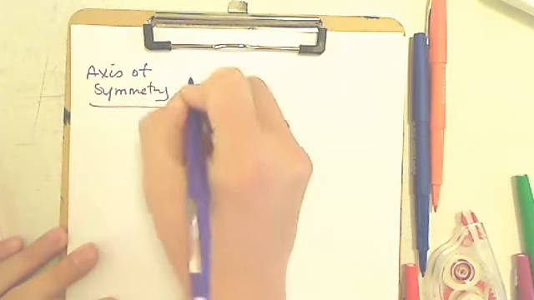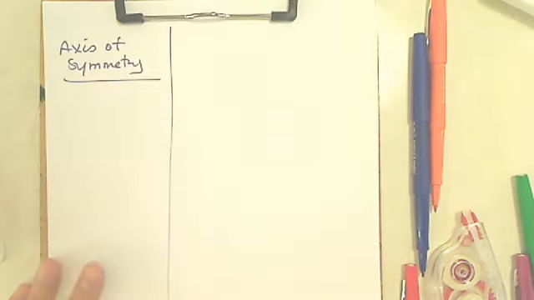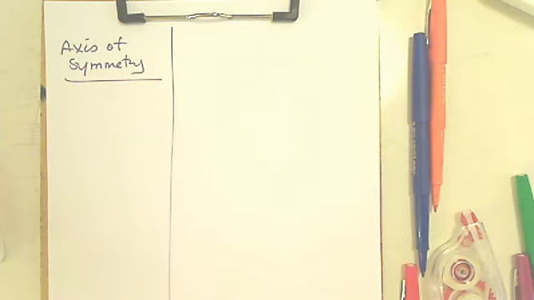This is called the axis of symmetry. When something is symmetrical, what does that mean? They're the same. Like your face cut down the middle, it should be the same on both sides. Or your reflection.